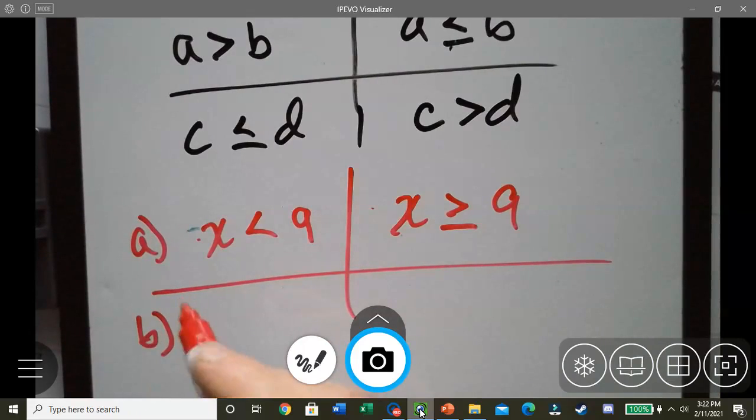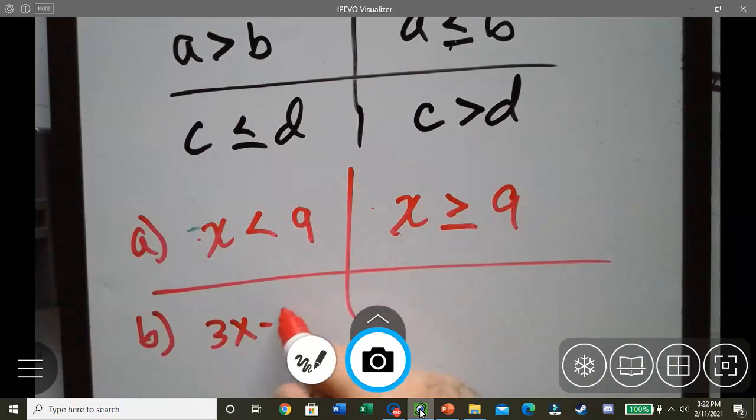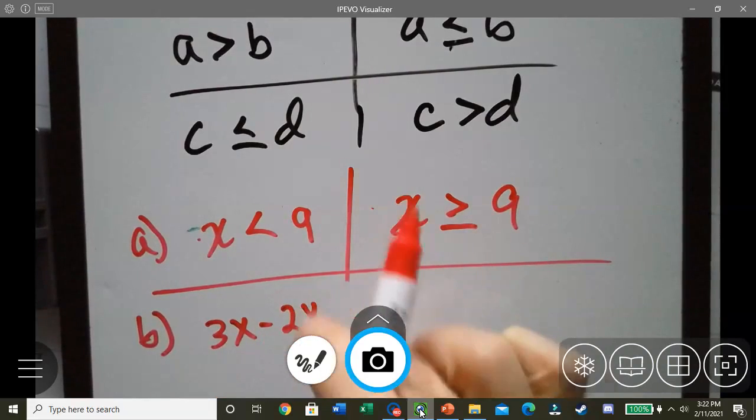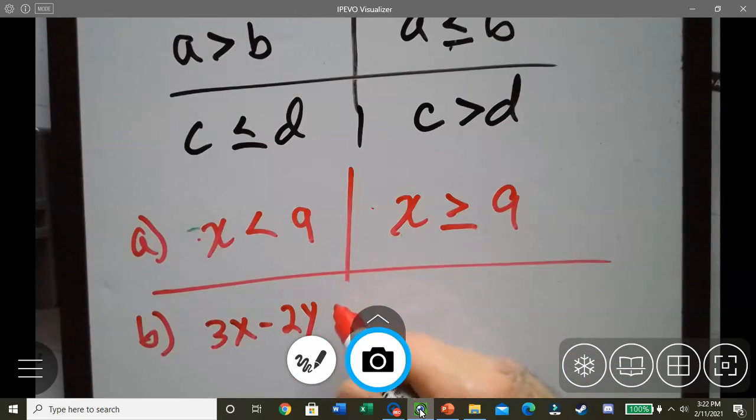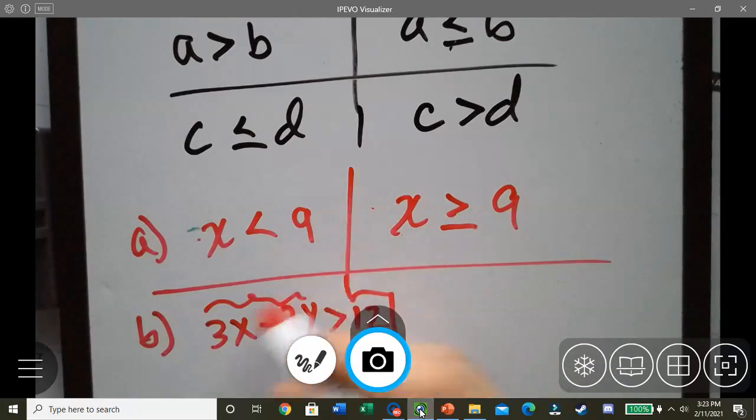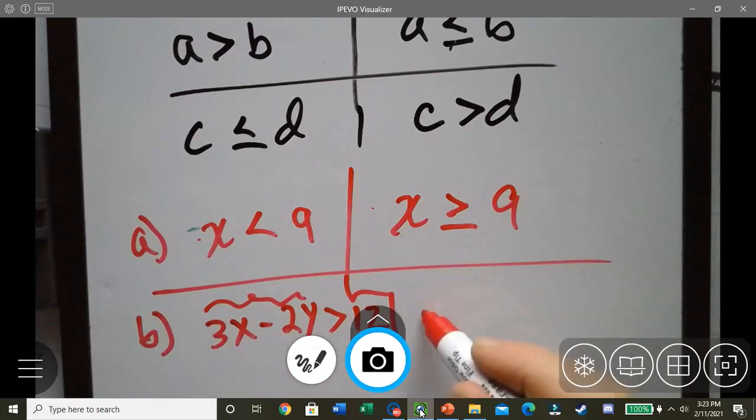Okay, B, here we have 3x minus 2y is greater than 12. So this whole first part is one statement, so that doesn't change.